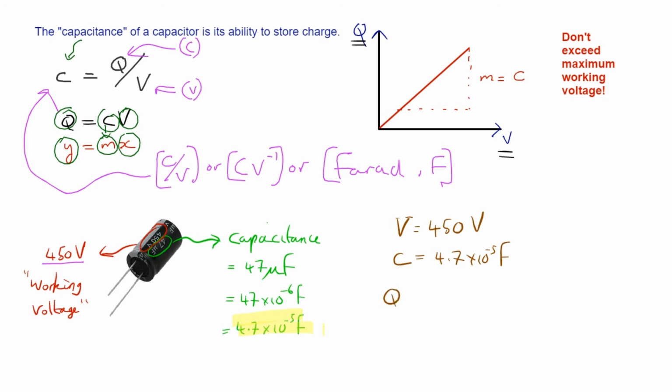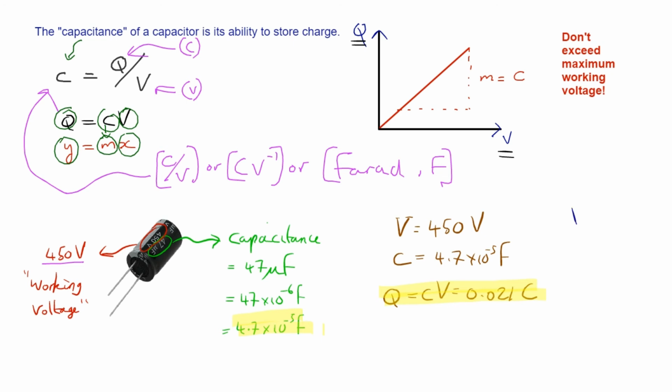The charge stored is just C times V, and multiplying those together, it's going to store 0.021 coulombs. We know it's not going to be much because of that small capacitance, but that's pretty significant. That's a lot of electrons moving from one side to another.